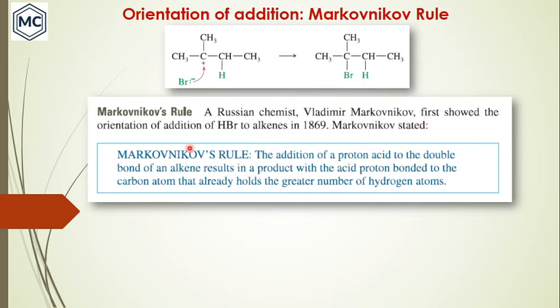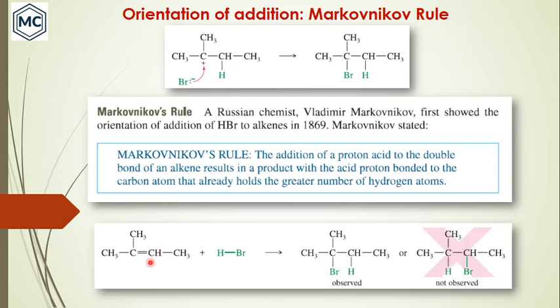He first showed the orientation of addition of HBr to alkene in 1869, and he said the addition of a protic acid to a double bond of alkene results in a product with the acid proton bonded to the carbon atom that already holds the greater number of hydrogen atoms. So hydrogen gets added to the carbon atom having more hydrogen atoms.